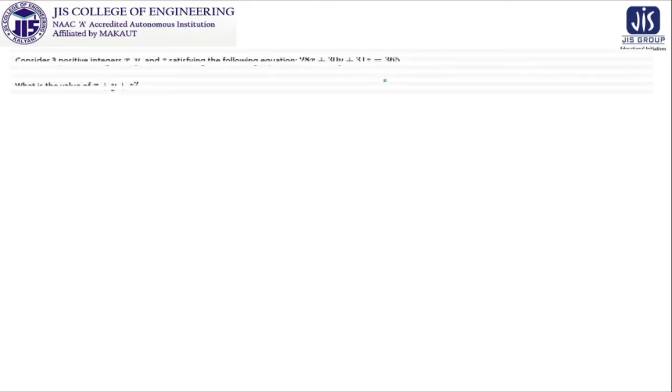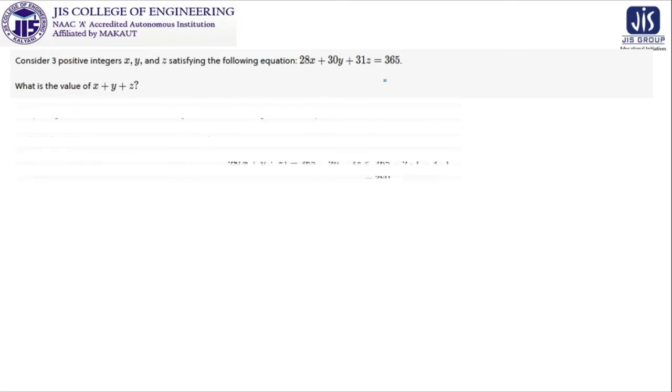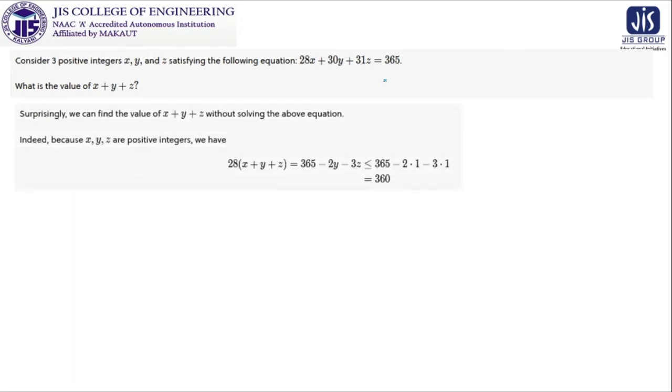Now can we have an alternative process? So look at this, this was our problem and we are now approaching it in a different manner. From 28x plus 30y plus 31z, we take the least possible number over here, that is 28.